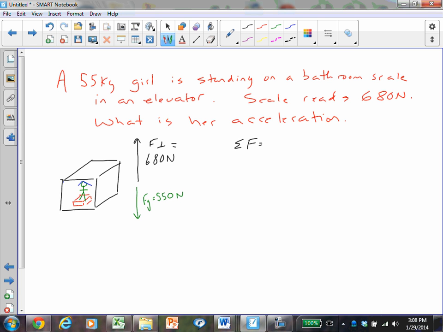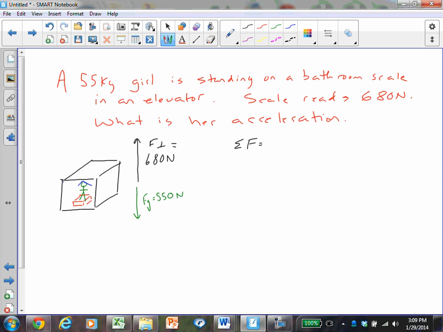If the acceleration is up, then you're either increasing your speed going up or decreasing your speed going down.